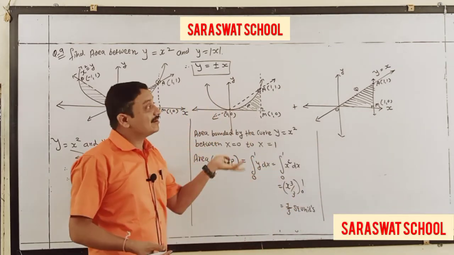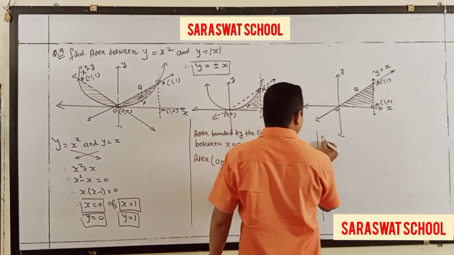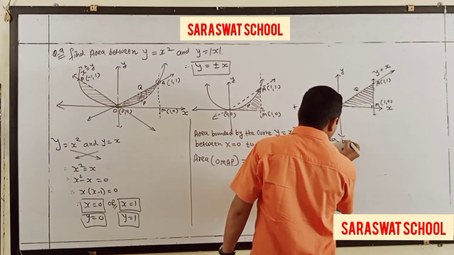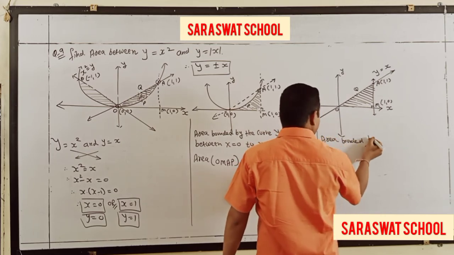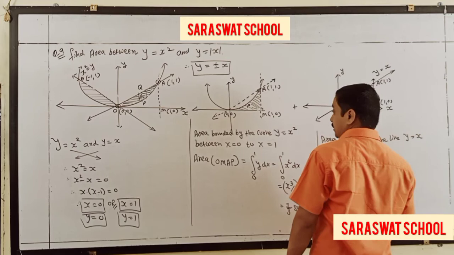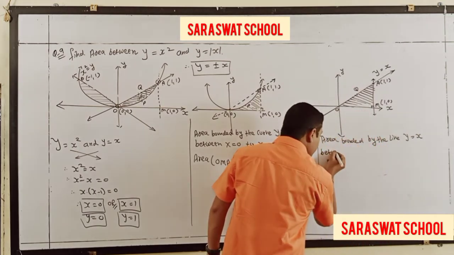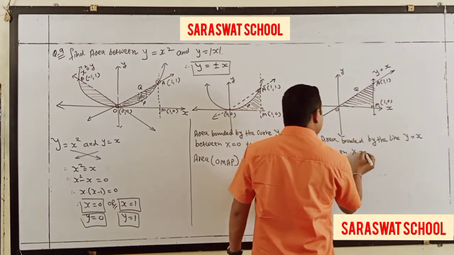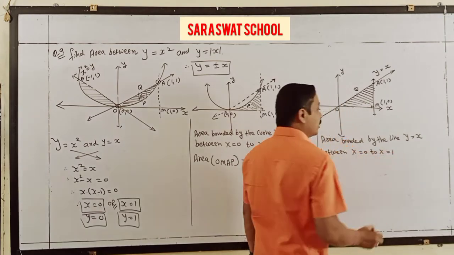Now I start another. Here area bounded by the line. Now what is the line? y is equal to x between x is equal to 0 to x is equal to 1.